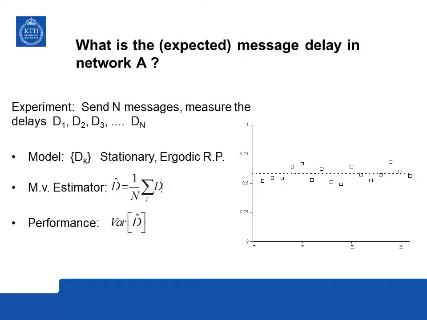The performance is then the variance of this estimator. As you can see, the stochastic observations will fluctuate around this mean value, and the more observations we get, typically the variance will decrease, and we get a more and more accurate estimate of the delay.